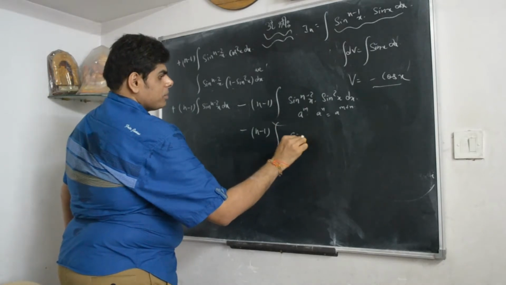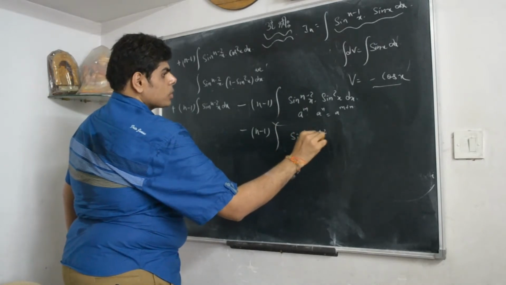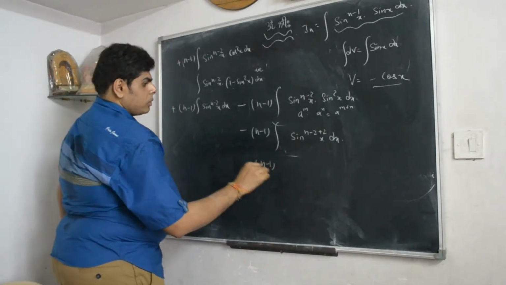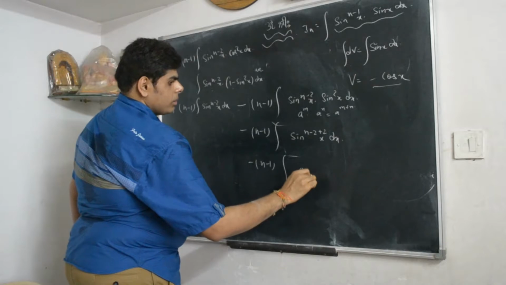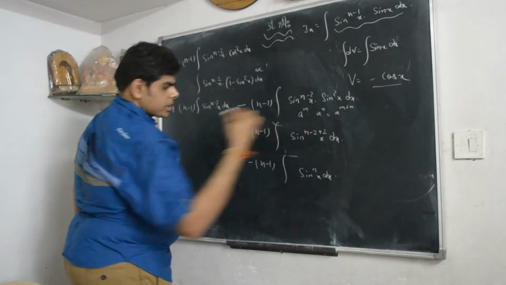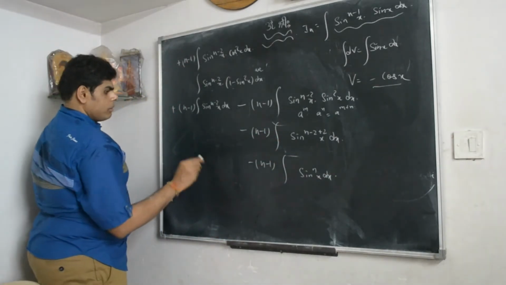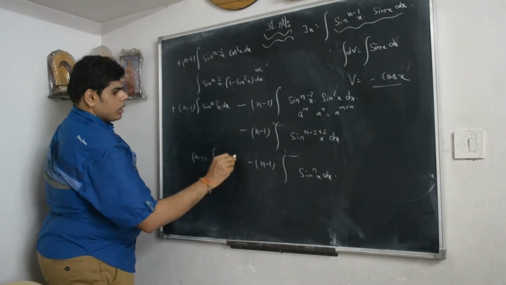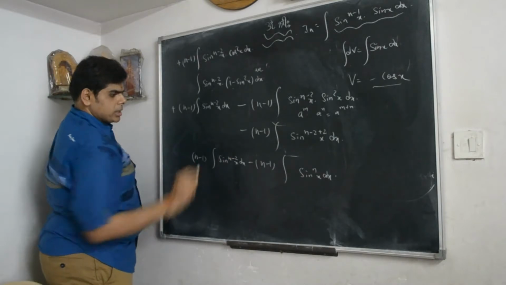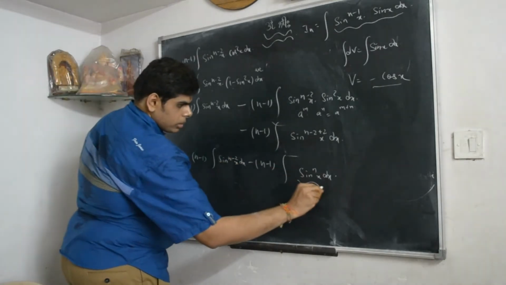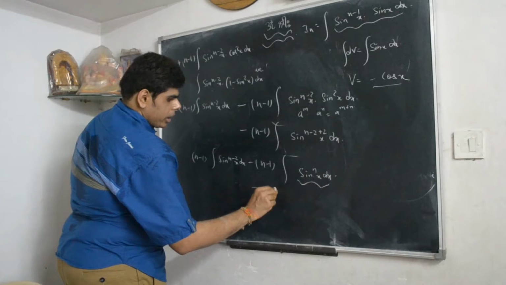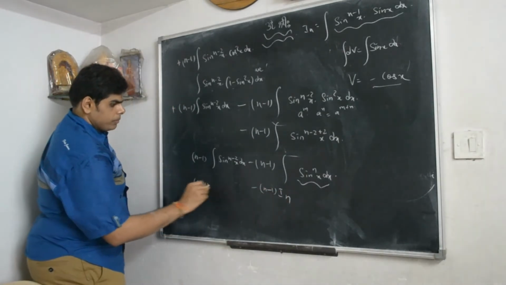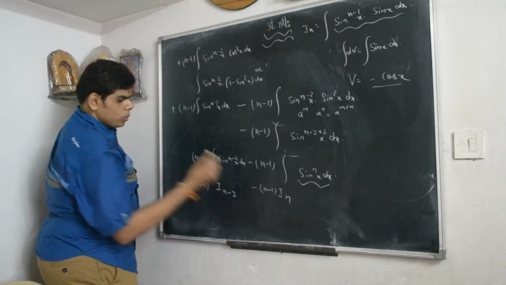So sin^((n-2)+2) x dx, that is minus n minus 1 into the integral of sin^n x dx, and here we have n minus 1 into the integral of sin^(n-2) x dx. So I consider this as n minus 1 into I_n and n minus 1 into I_(n-2).